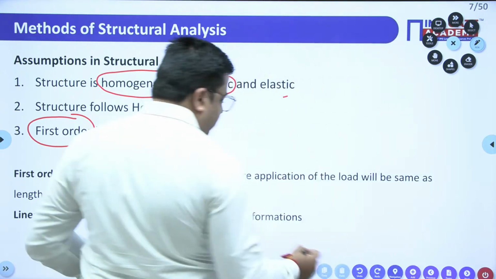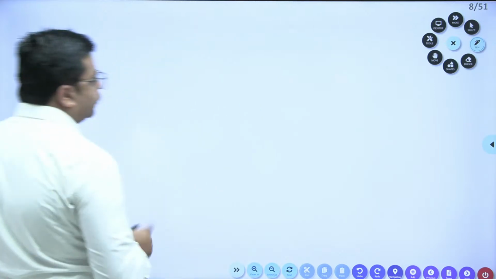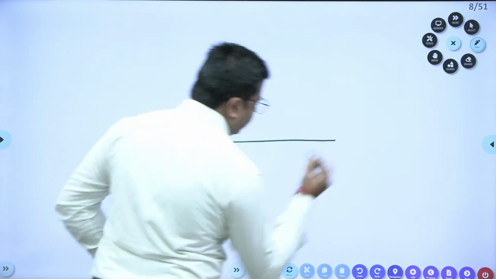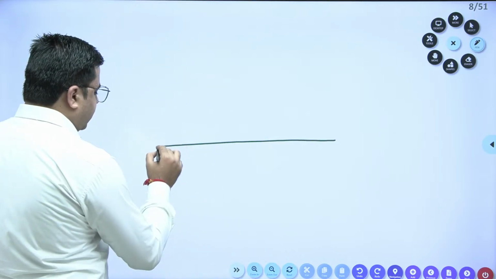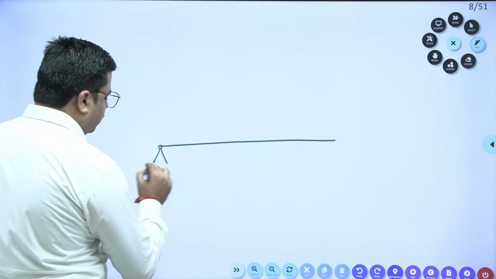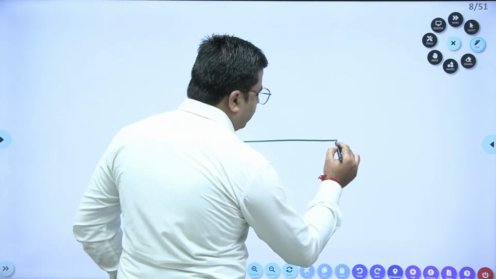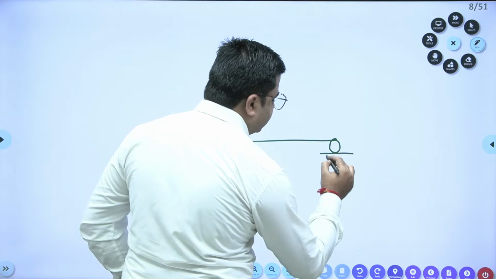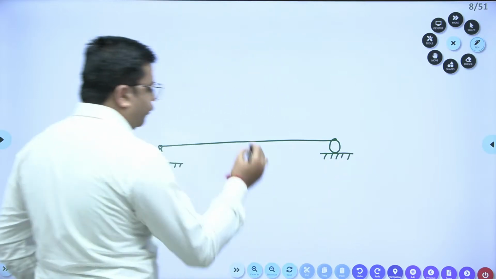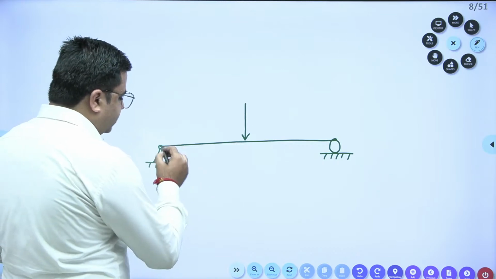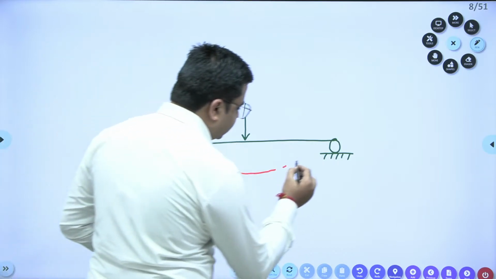We consider only minor deformations. If you consider any beam, just a beam like this, and apply an external load over it, there will be some deformations, and due to these deformations you may observe a change in the length of the beam, right? The deformed beam may look something like this, correct?